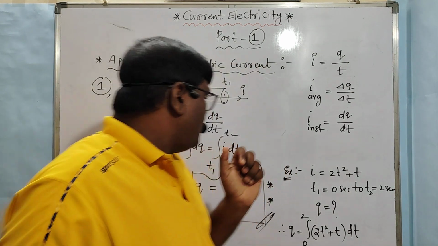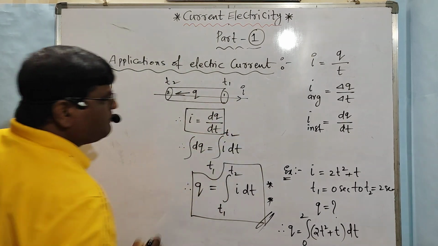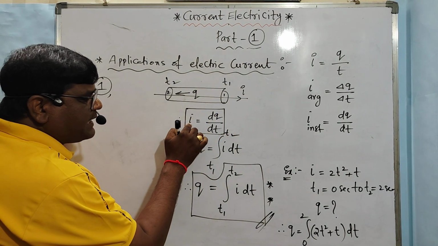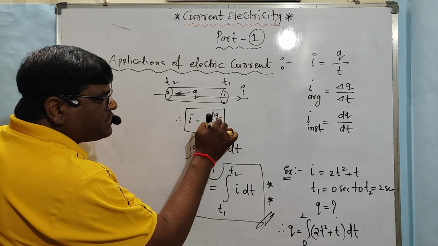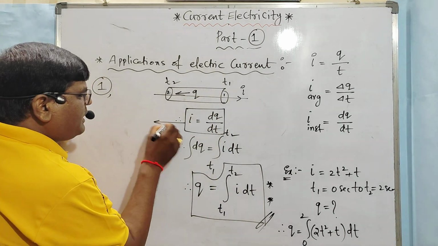Okay. Now, according to this formula, this is called differentiation. To get the current, we have to differentiate the charge with respect to the time, right? So what is the meaning here?